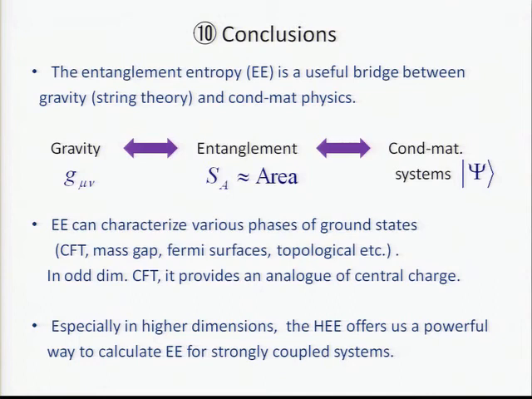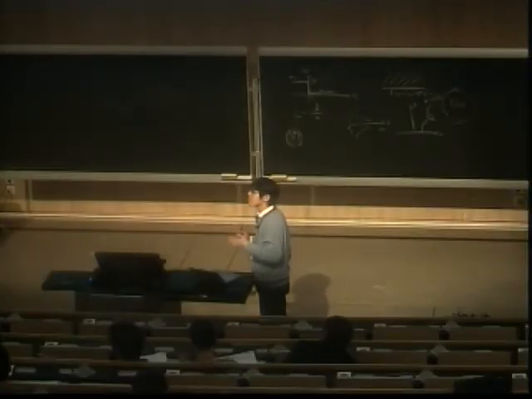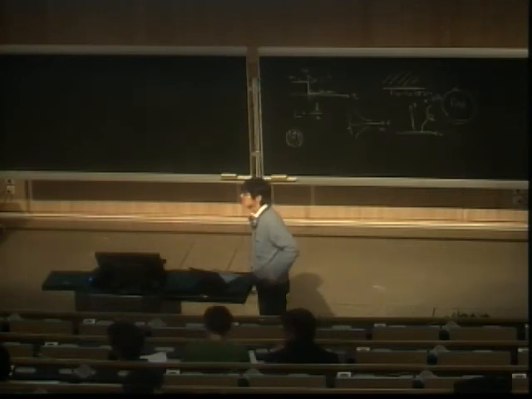I'd like to understand the origin of this condition from the viewpoint of entanglement entropy. From entanglement entropy, basically we can reconstruct the metric itself. So if we know entanglement entropy for any choice of subsystems, we can reconstruct the metric. And there, this Einstein equation should play a very important role.